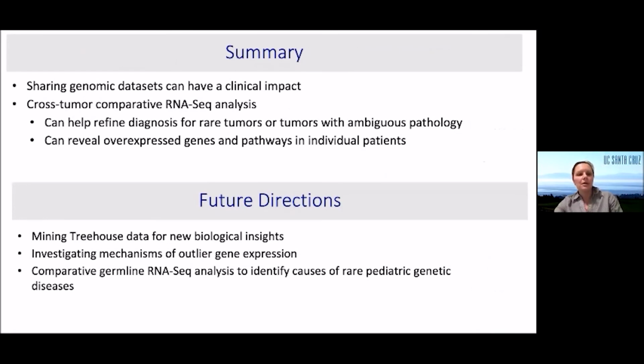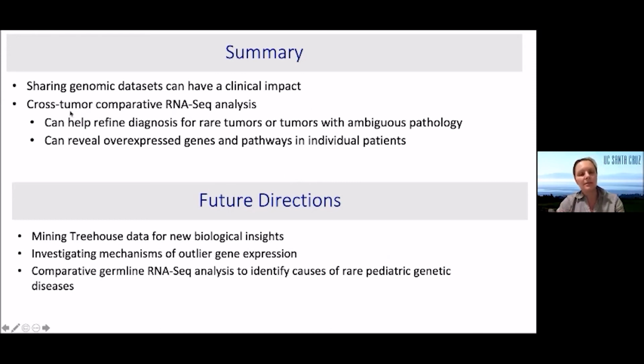So in summary, I hope I have shown you that sharing genomic data sets can have a clinical impact, and there is potential for using RNA sequencing for gene expression analysis and gene expression comparisons, and there could be some clinical benefit.